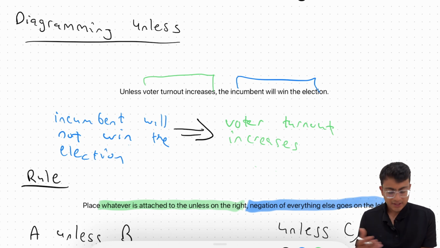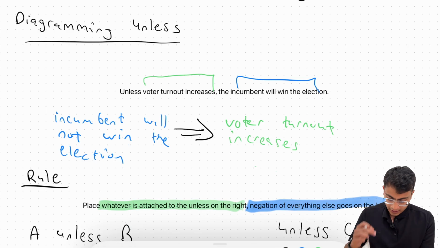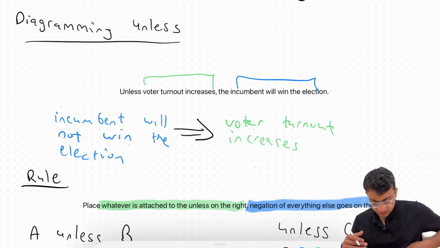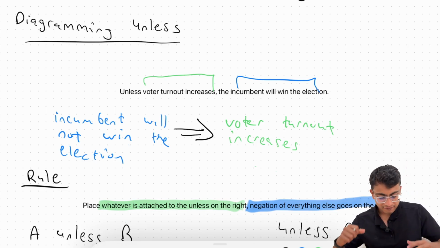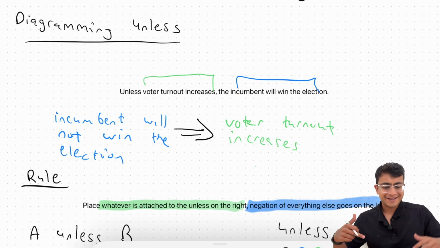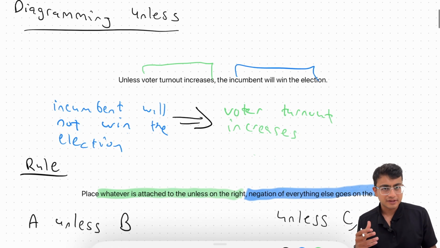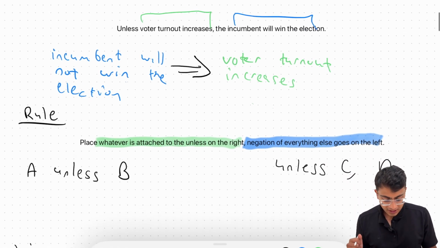And you have a standard diagram that you can use as always. And I hope that this heuristic of placing whatever is attached to the unless on the right, and the negation of everything else on the left, will help you click and understand intuitively why it works.